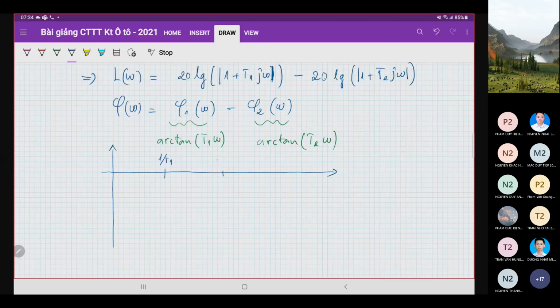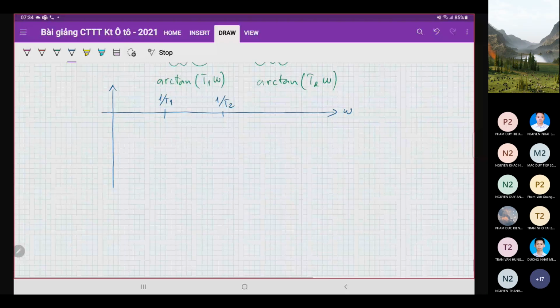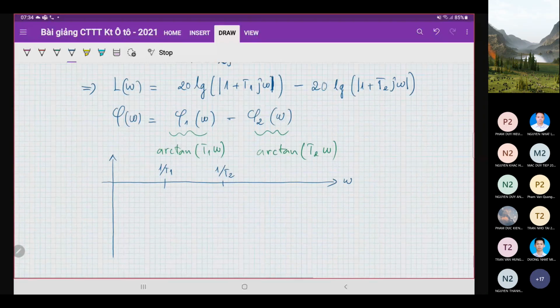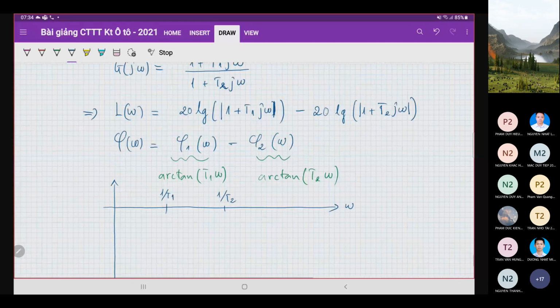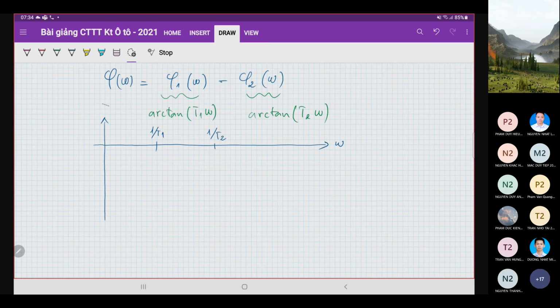And here we have 1 over T2, here is omega.